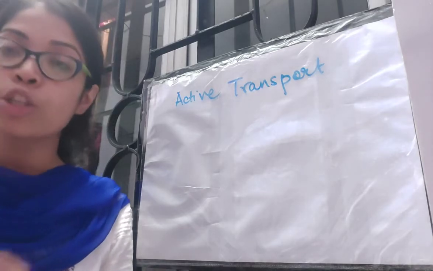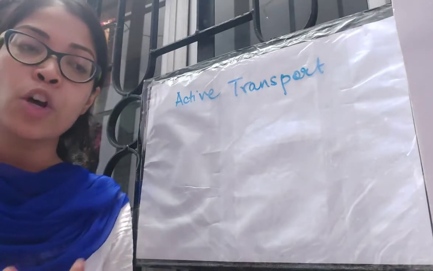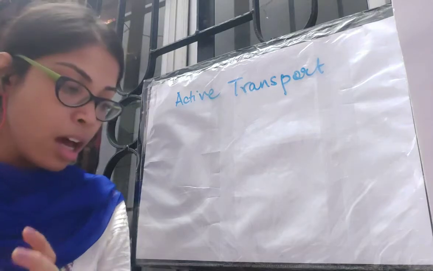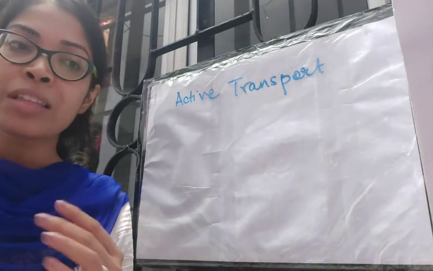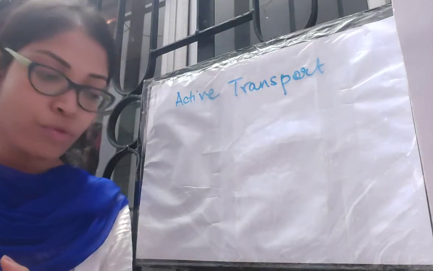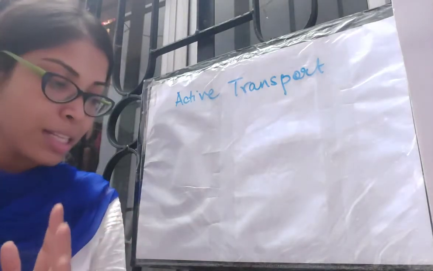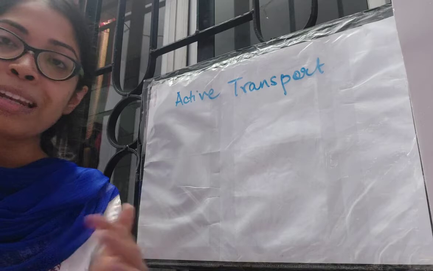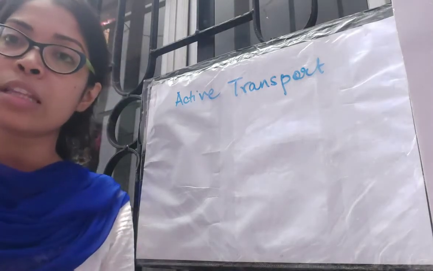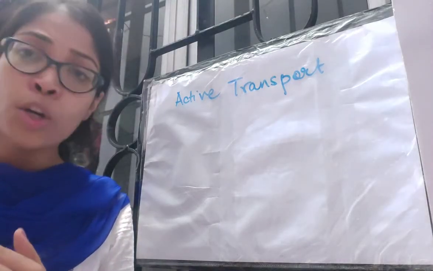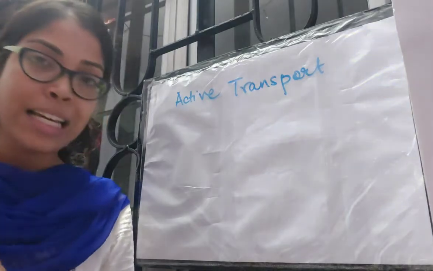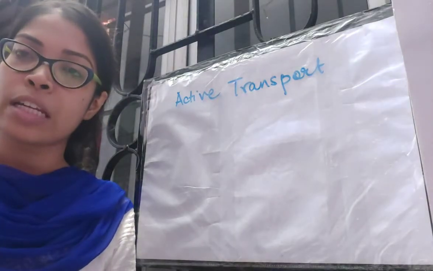Since the roots of the plants absorb minerals and nutrients from the soil, they are constantly absorbing the nutrients, right? So after some time, the concentration of the minerals and the nutrients becomes less in the soil and more in the roots of the plants. Okay, so in that case, this is against the concentration gradient.